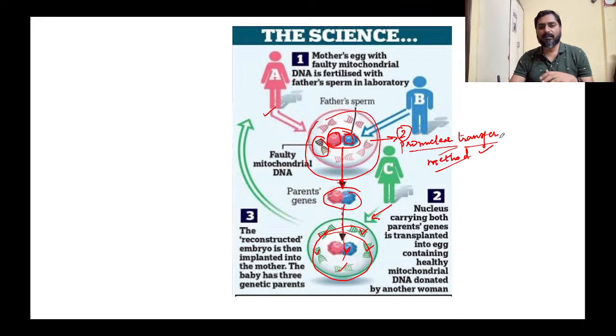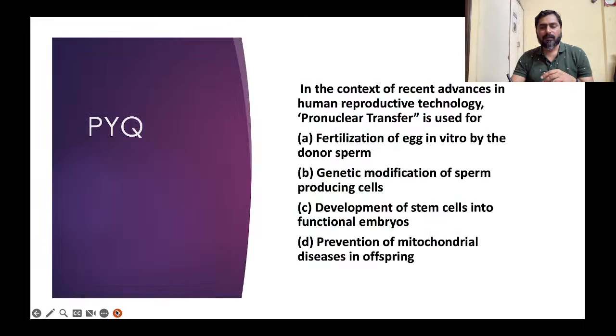In this case we go for fertilization first, and then we go for mitochondrial replacement therapies. So these are some of the ways in which we can get three parent babies. Let us look at some questions.